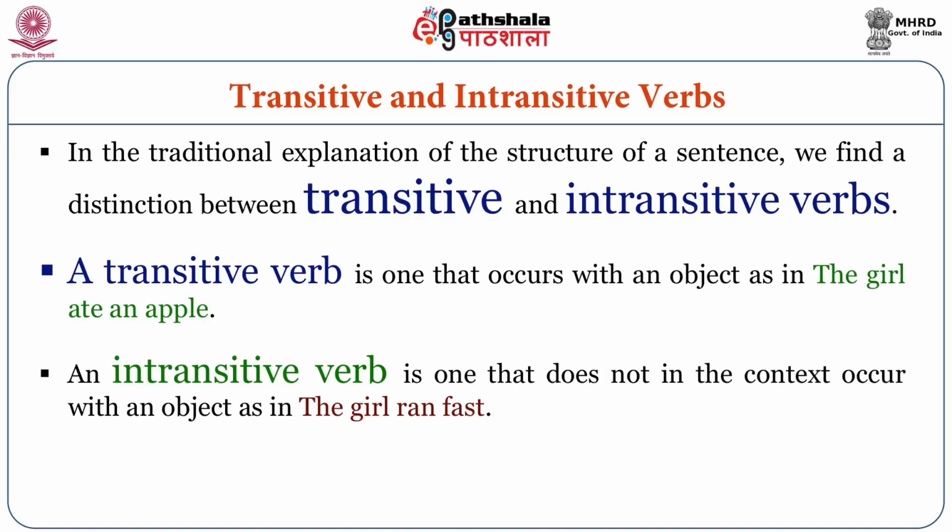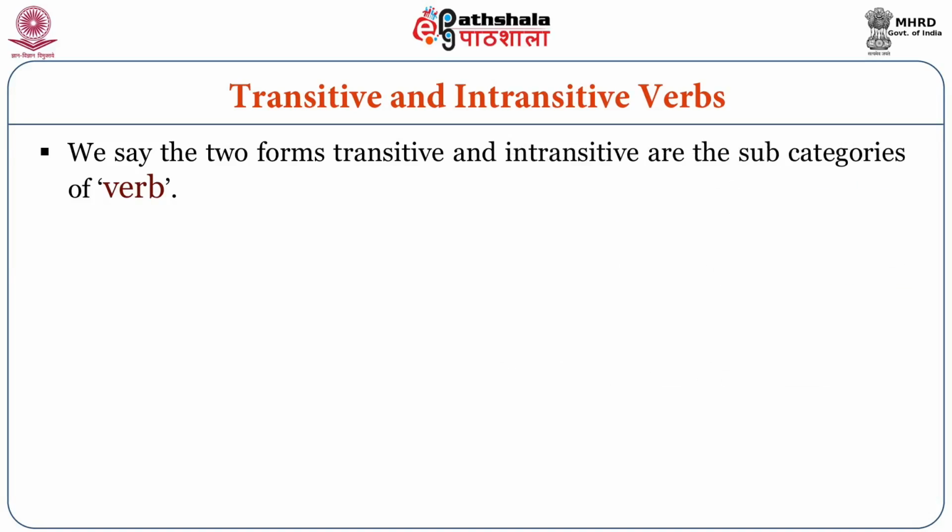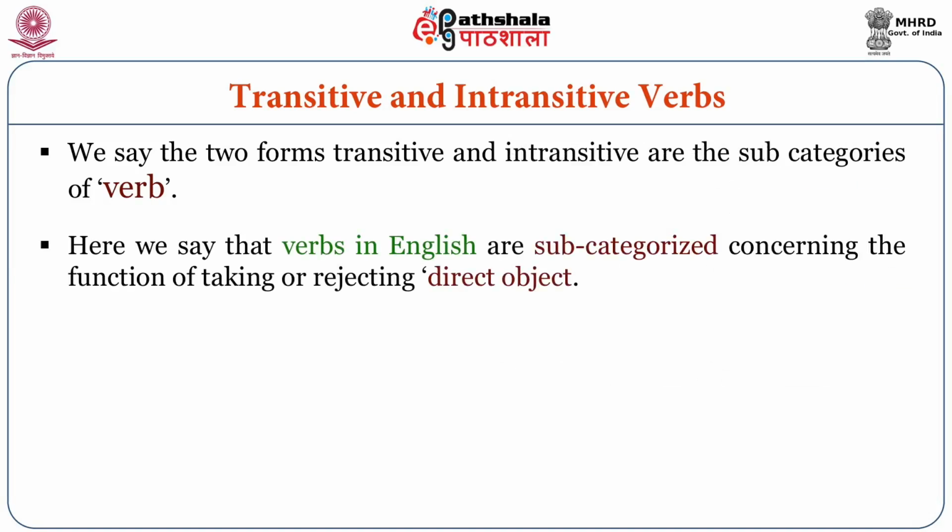An intransitive verb is one that does not, in the context, occur with an object, as in, the girl ran fast. We say the two forms, transitive and intransitive, are the subcategories of verb. Here we say that verbs in English are subcategorized concerning the function of taking or rejecting a direct object.